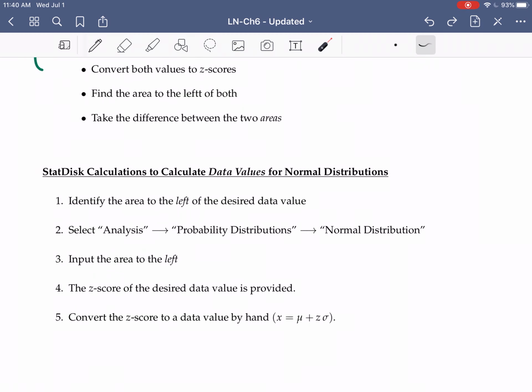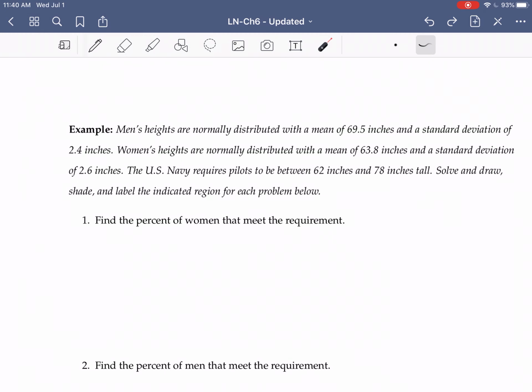If we want to go the other direction, we plug in the area to the left of the desired data value. We identify that. We go to StatDisk and plug it in, and then we calculate the z-score. Once we have that z-score, we convert the z-score to a data value using this manipulation of that z-score formula. Let's look at an example to see how these things work in practice.